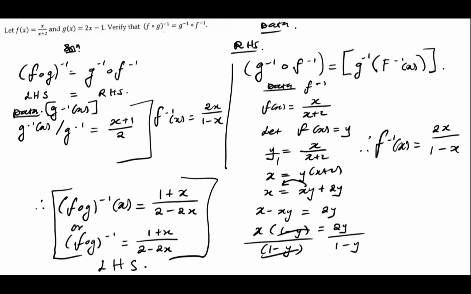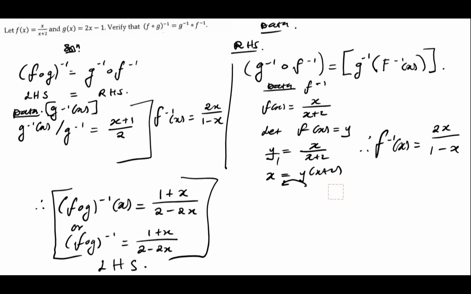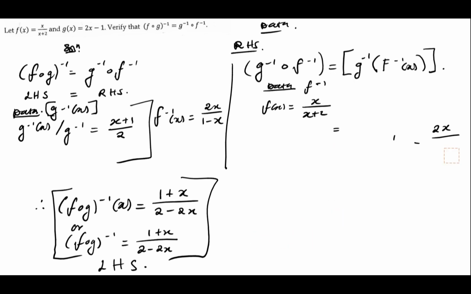Now, I need to verify the initial condition that we were looking at. And that condition is that we need to solve the right-hand side. So in the g inverse function, wherever there's x, we'll plug in the f inverse function. So the g inverse function is here.